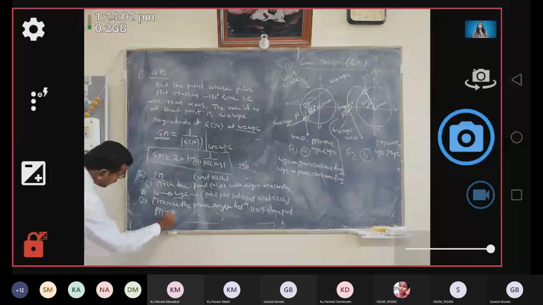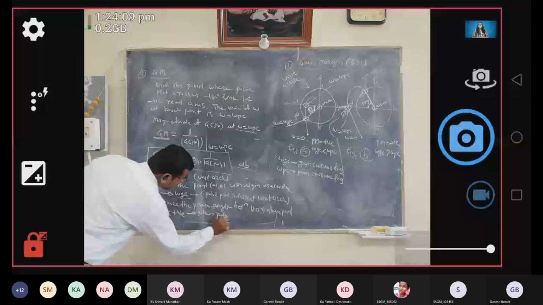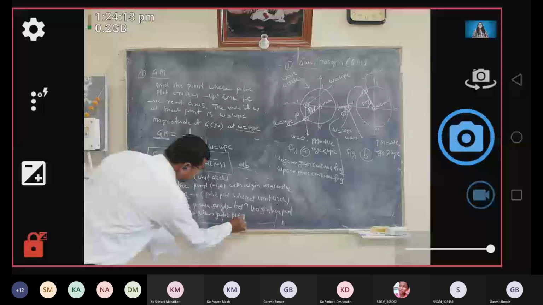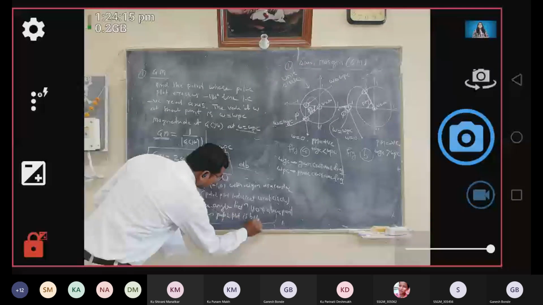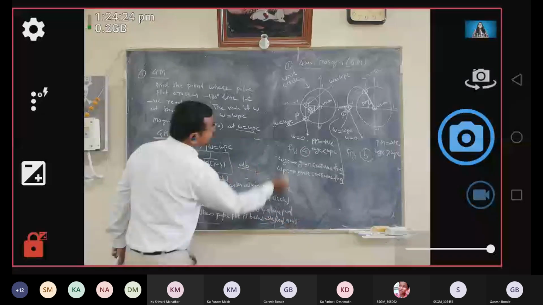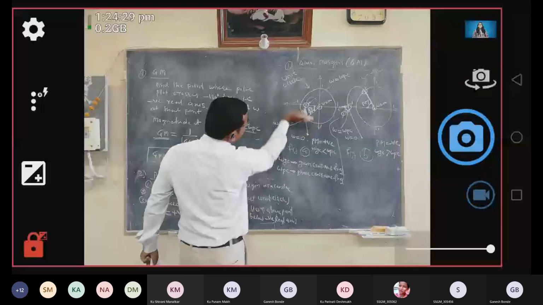So phase margin is positive in which case? When the polar plot is below the negative real axis. You see, this polar plot or this omega GC value is below the negative real axis, therefore the PM is positive.